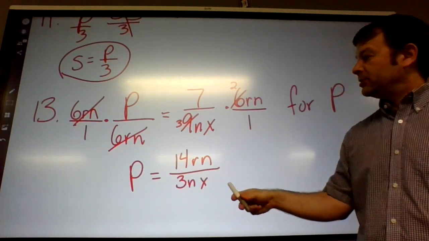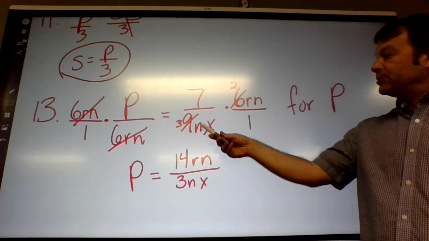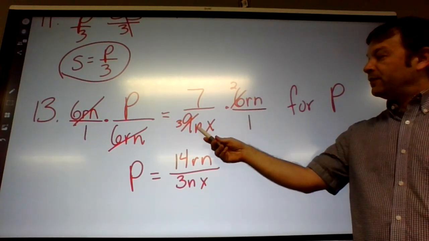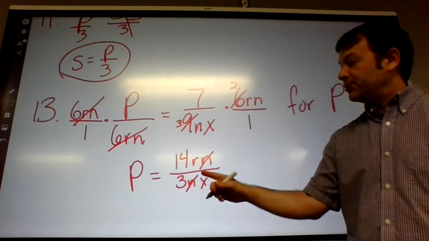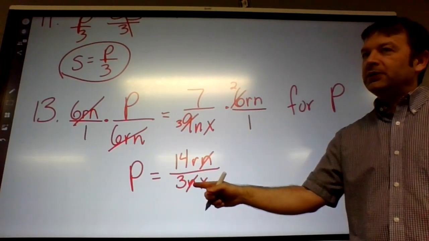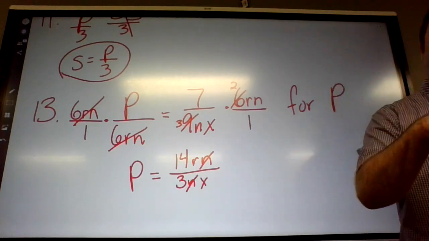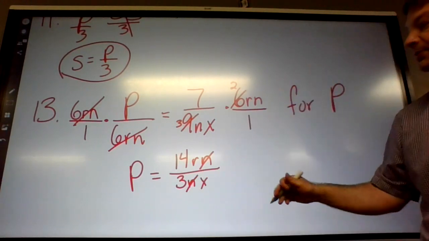Okay, I wasn't paying very close attention. Those n's also could have reduced. Multiplied values that are being divided, those can cancel out.